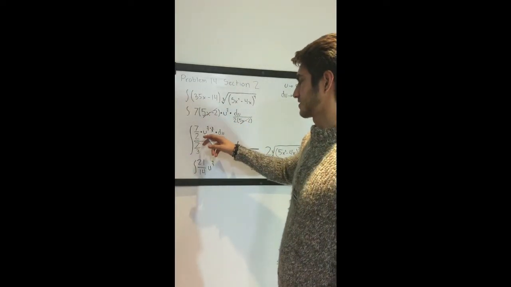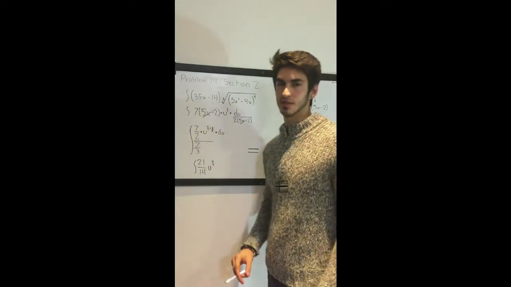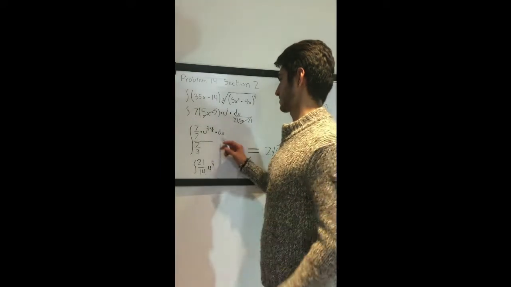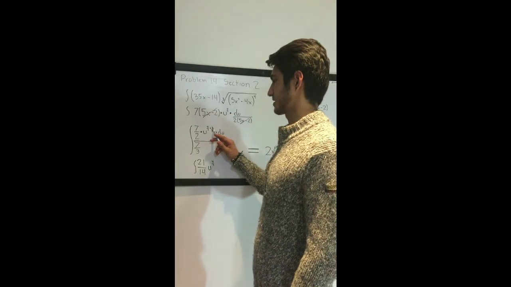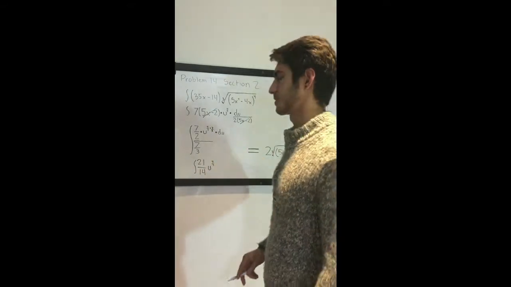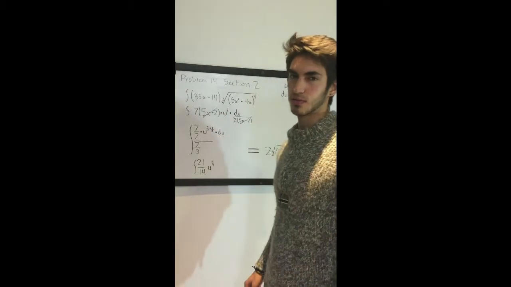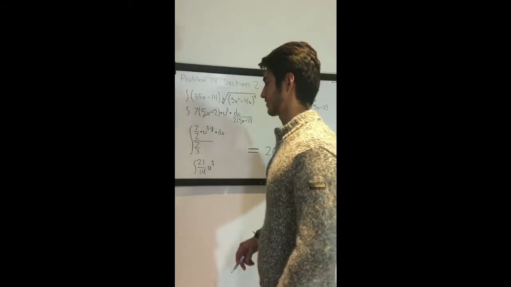So 7/2 times u to the power plus 1, because this is from the formula, times u. The 1 in this case has a value of 3 according to the denominator, so 3 plus 4 is 7, and 4 plus 3 is 7 as well, so we know it's 7/3.